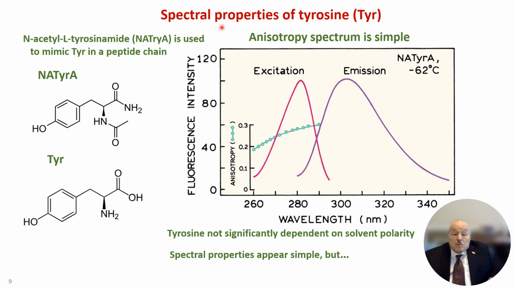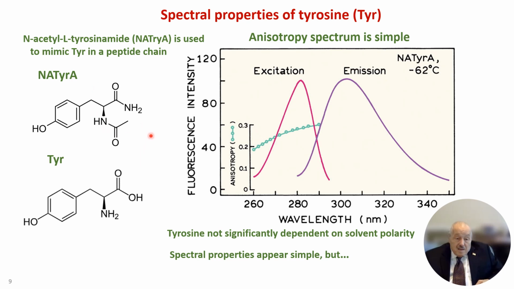So what are the spectral properties of tyrosine, three-letter code TYR? If you really want to know what the spectral properties in a protein are, I prefer to work with the NATA derivatives. This one would be called NATA tyrosine, for N-acetyl tyrosinamide.